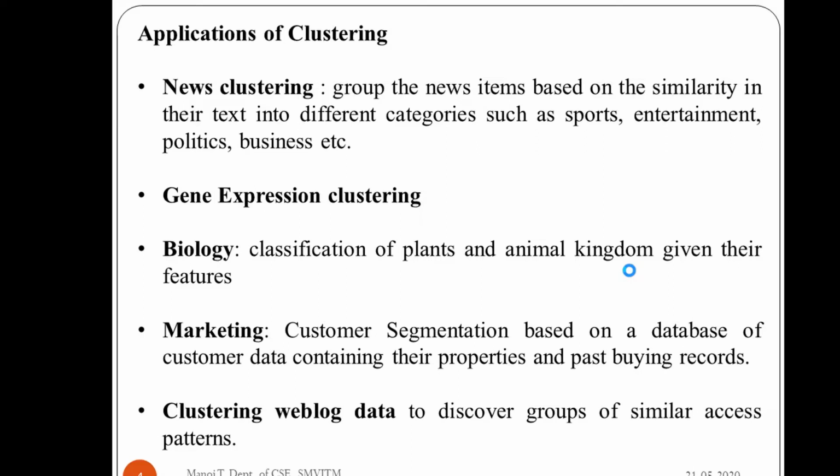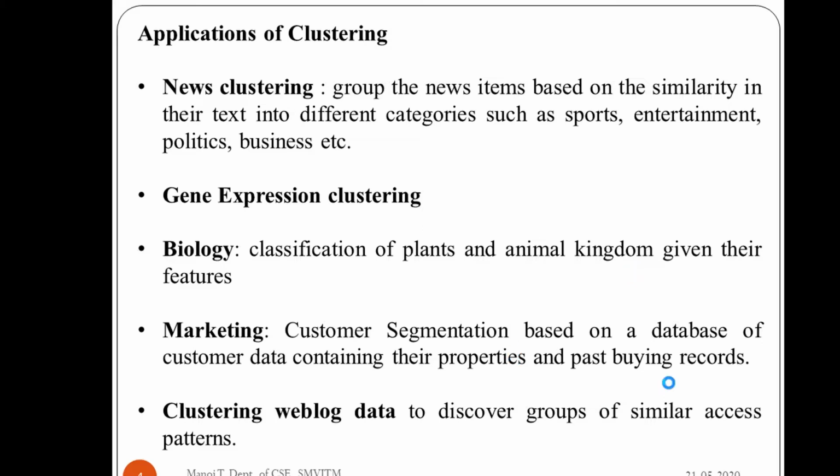Let us see a few applications of clustering. One frequent application is news clustering, that is grouping news items based on the similarity in text content into different categories such as sports news, entertainment news, politics news, business news. This happens in Google News, where they cluster the news based on its content from the different links which they obtain.